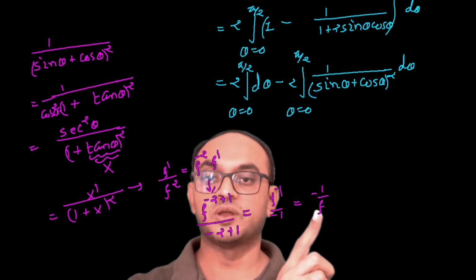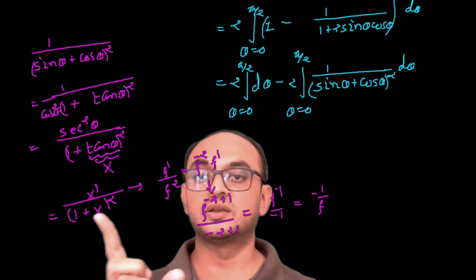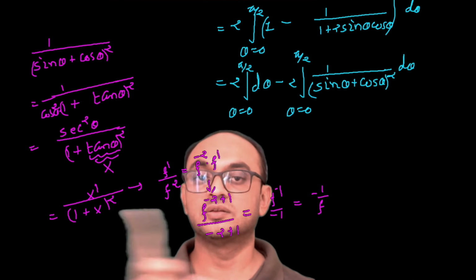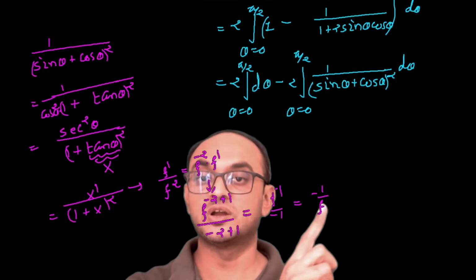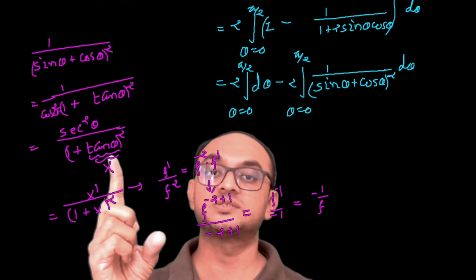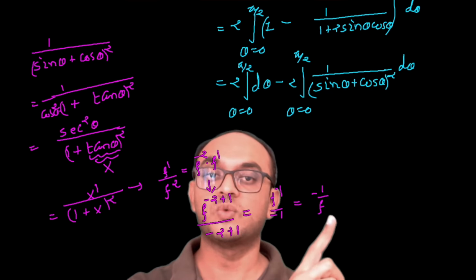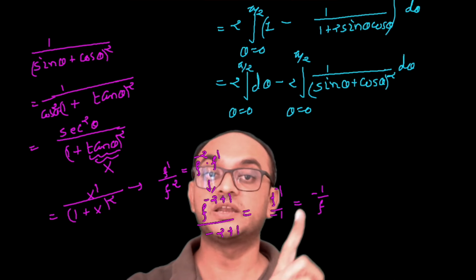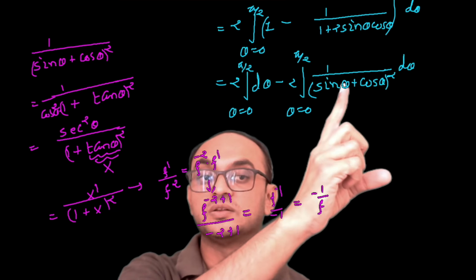What is my f? f is 1 plus x, and x is tan theta. So the integration is minus 1 upon 1 plus tan theta.